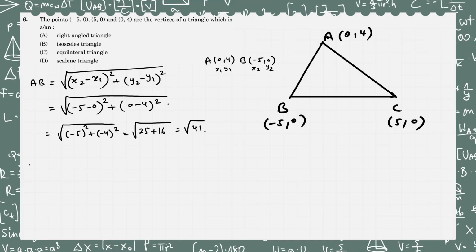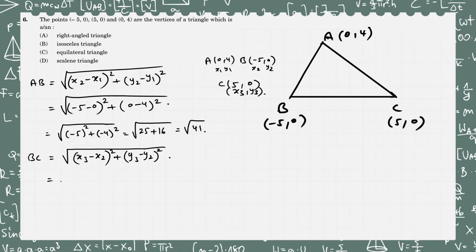Okay, and let us find the distance between B and C. I am going to call point C as x3, y3, which is 5, 0. Now BC's distance will be obtained by doing x3 minus x2 whole square plus y3 minus y2 whole square.